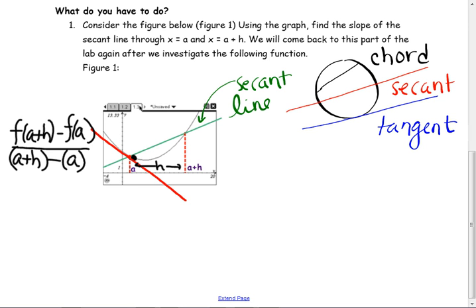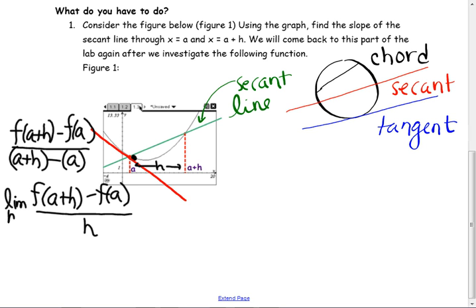If I simplify that, that looks like f of a plus h minus f of a all over what? What's left in the denominator? h. And you remember we took limits and we let h do what? Go to 0. That, by the way, is an answer to one of the questions.